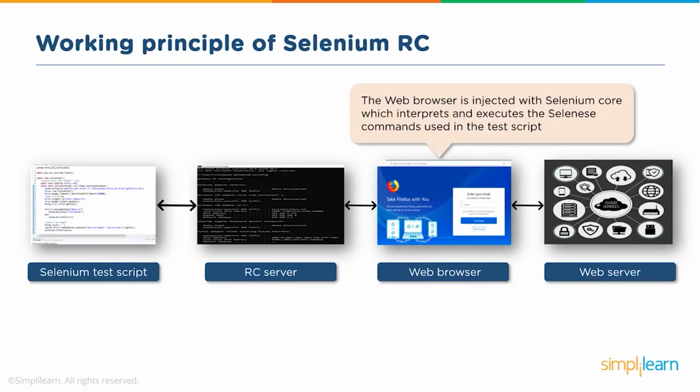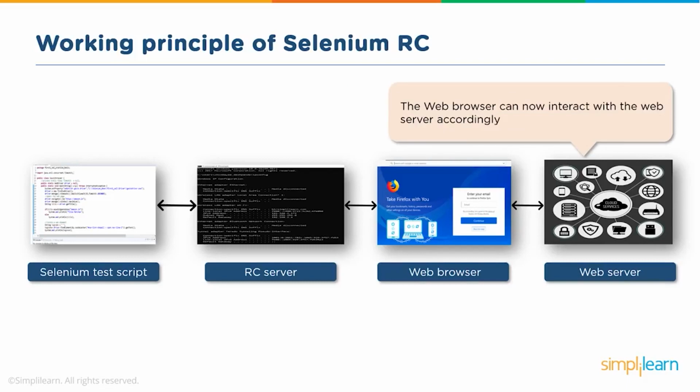This command from your test script goes to the server, and then the RC server launches the browser and injects its JavaScript into the browser. Once this is done, all the subsequent calls, that is all the rest of the commands which you have written after launching the browser, go to this RC server and then to the actual web server. So all the commands are getting routed through your RC server to your web browser.